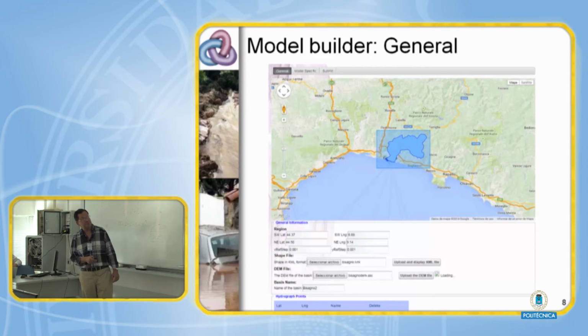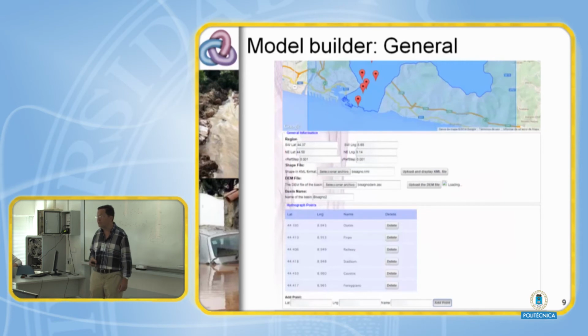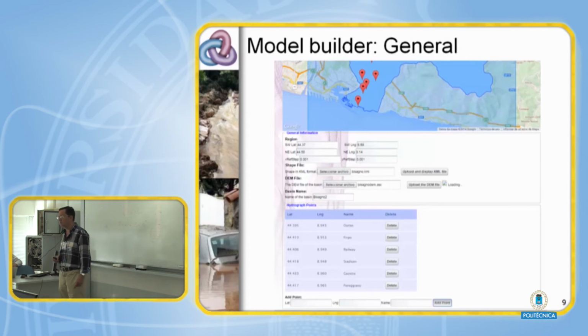The second step in the general configuration is to describe the points where your model will produce hydrographs. Some hydrologic models only produce hydrographs at the basin outlet, and for those models we only select one point. But semi-distributed models and distributed models usually can produce hydrographs at any location within the basin.